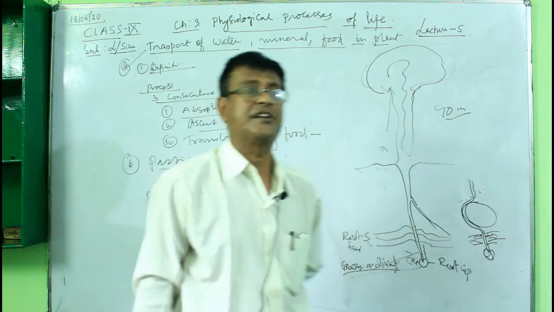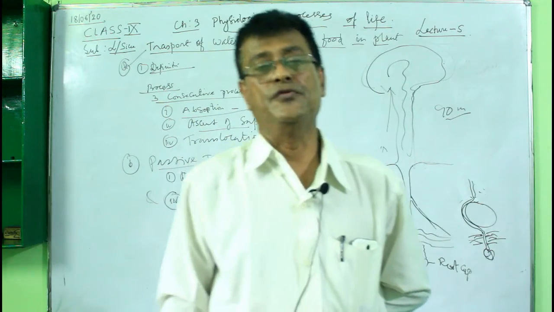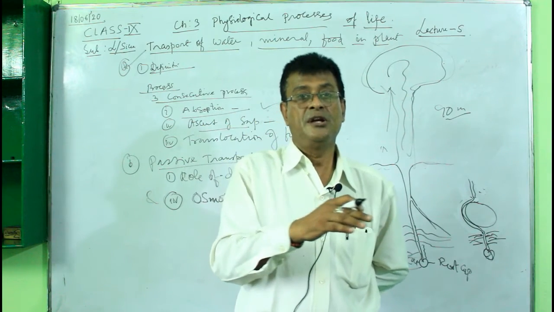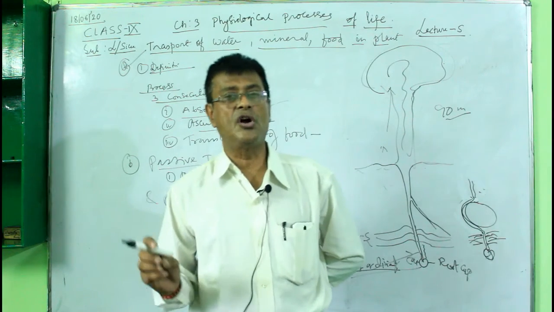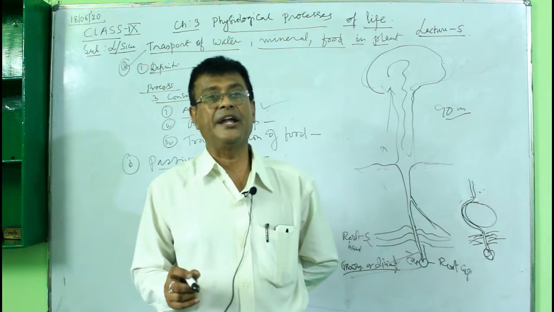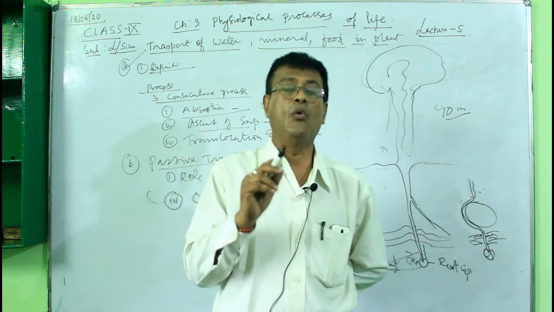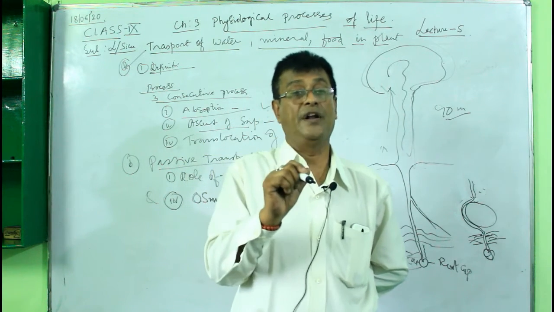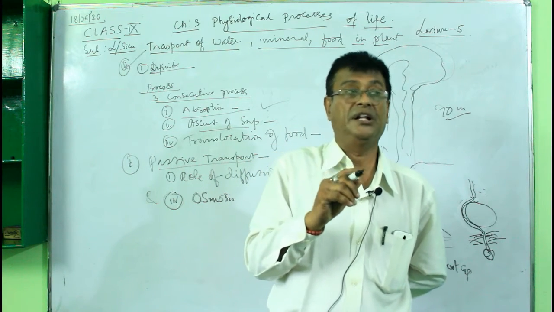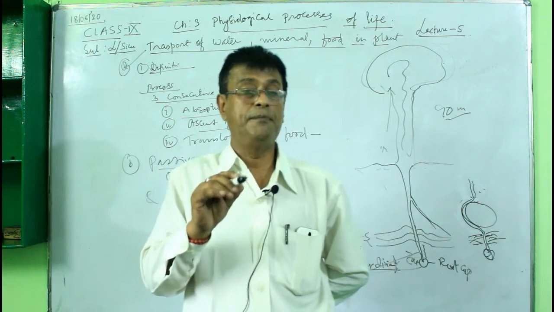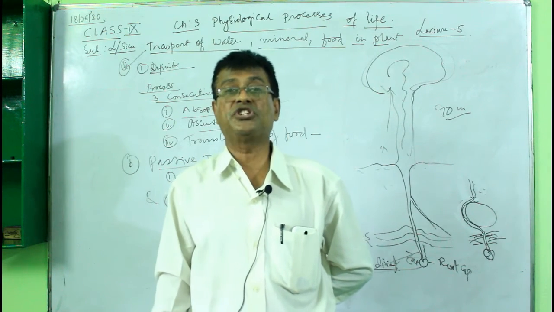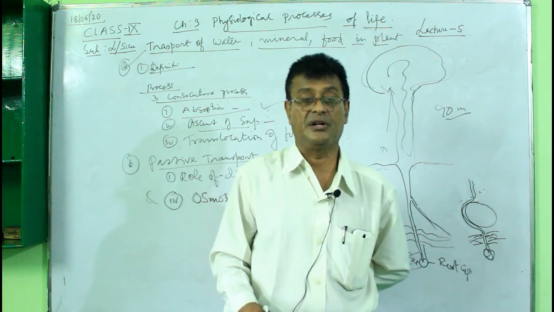Then the leaf starts the preparation of food by taking carbon dioxide through the stomata, and mineral salts along with the water as sap, and there is sunlight which breaks the water through chlorophyll, because chlorophyll is a very important pigment, full of magnesium chelate, a special compound which can convert the sunlight into heat.